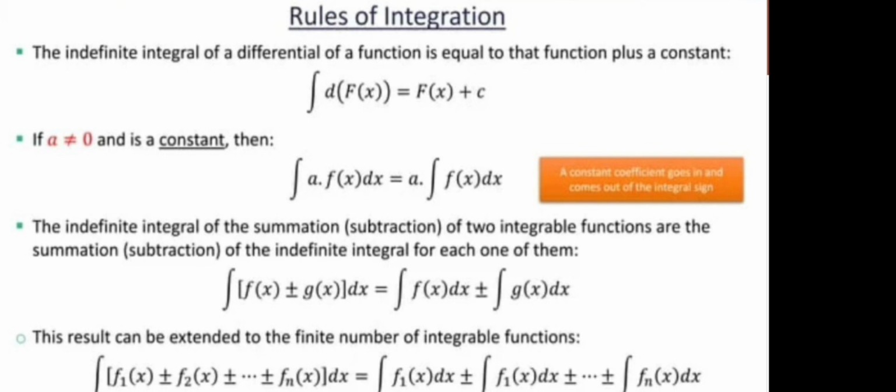If a is not equal to 0 and is a constant, then the indefinite integral of the subtraction of two integrable functions is the subtraction of the indefinite integrals of each one of them. This result can be extended to a finite number of integrable functions.